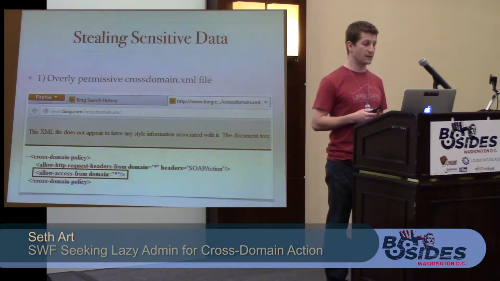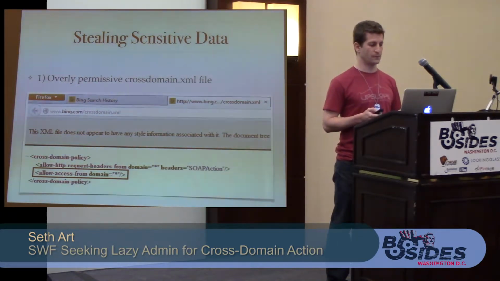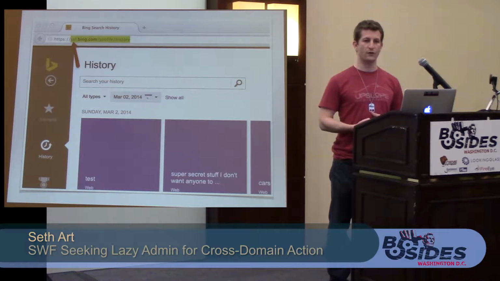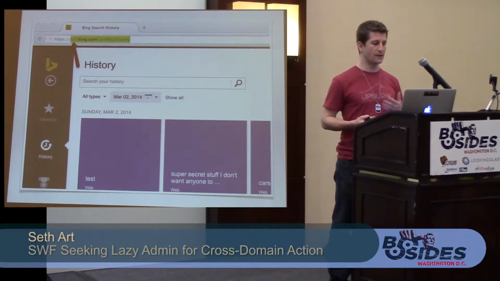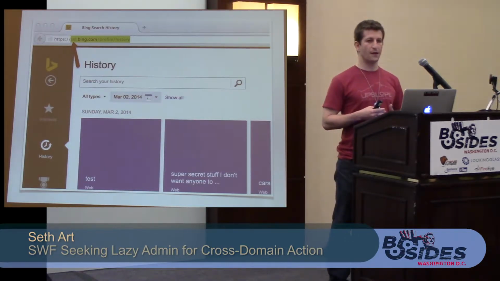So this was the crossdomain.xml file at www.bing.com. As you can see, the domain is a wildcard for the allow-access-from directive. Now, Bing allows you to query everything you've ever searched for using this URL, ssl.bing.com/profile/history. The thing is, there's no crossdomain.xml file at SSL.